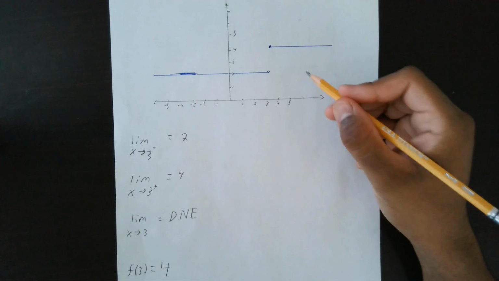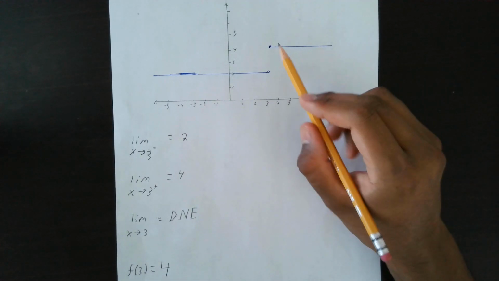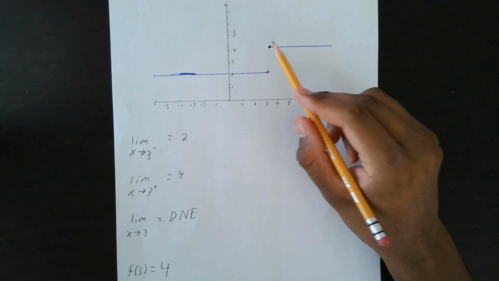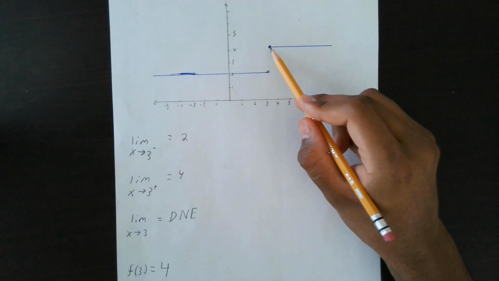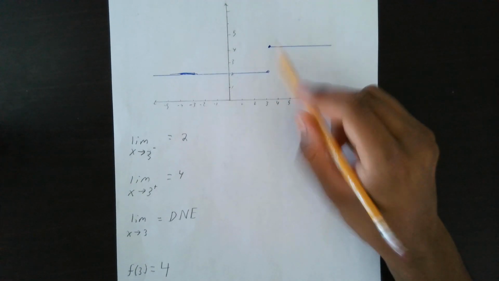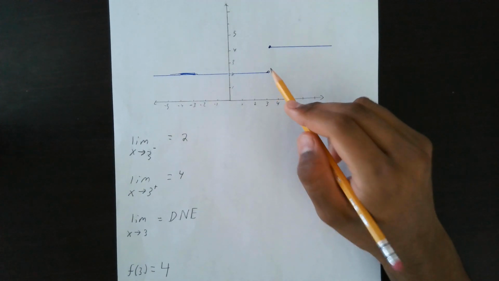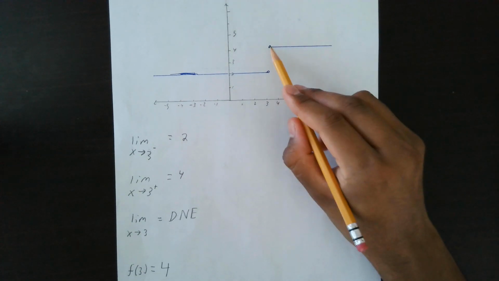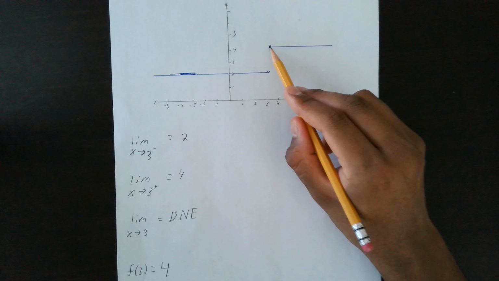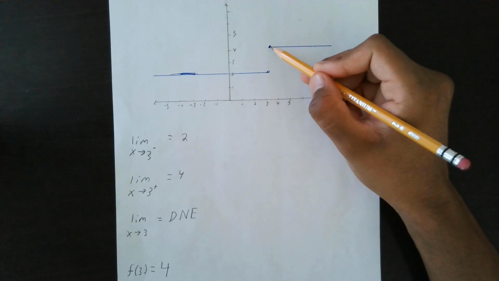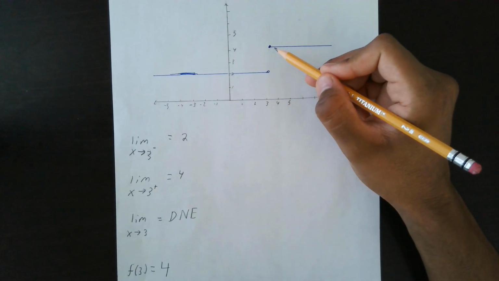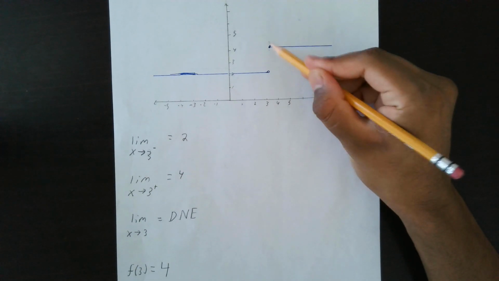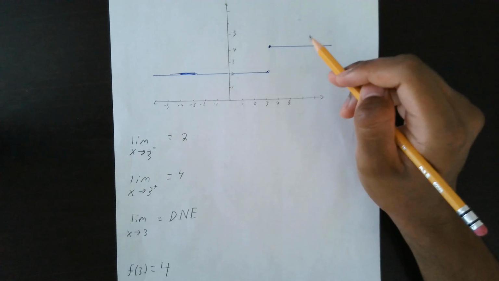What I want you to understand is, just because the point exists, just because there's a y value for a certain value of x, that doesn't necessarily mean that the limit is going to be there. Even though when x is equal to 3, y is equal to 4, and that exists there, the limit does not exist.